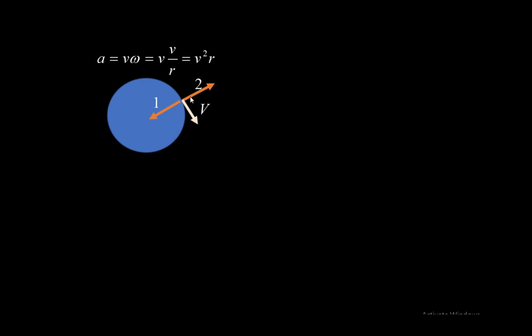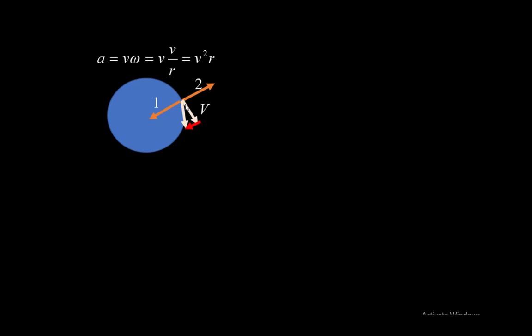There are two directions. Whenever the magnitude of a vector remains constant, only its direction changes. The direction of its rate of change happens to be perpendicular to the vector, and there are two directions here perpendicular to the vector v, 1 and 2, and which of these two directions will have dv by dt in. For that, just see the velocity vector after some small time. So this is the velocity after a small time.